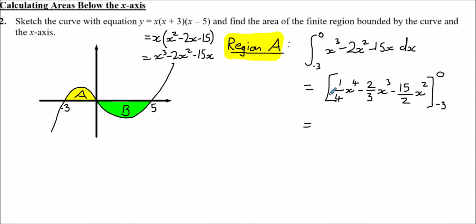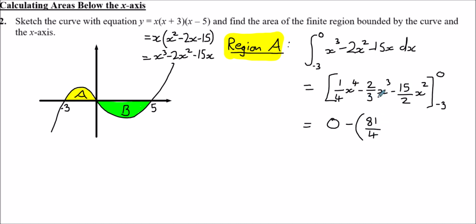And then what we'd have, substitute in 0 here, just gives us 0 all along. And then minus, we substitute in minus 3. So a quarter multiplied by minus 3 to the power 4, that's going to give us 81 over 4.